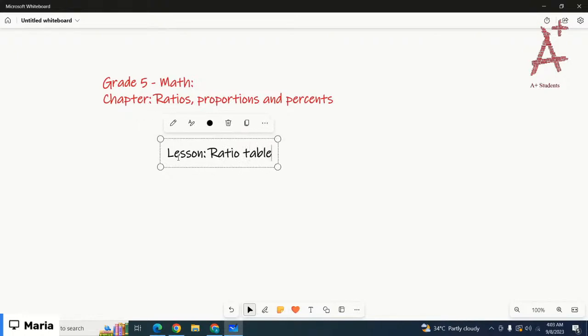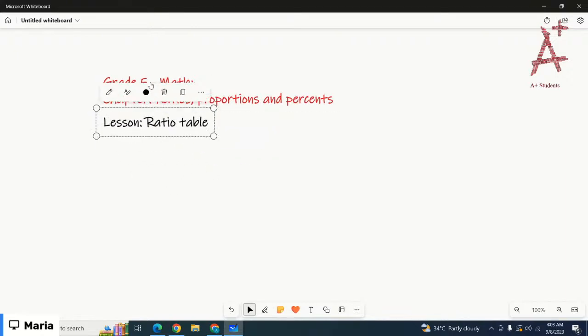So I'm going to explain how we complete the ratio tables. Just listen to me carefully, right? Let's start with an example. We have a table given, and we have to complete the table.